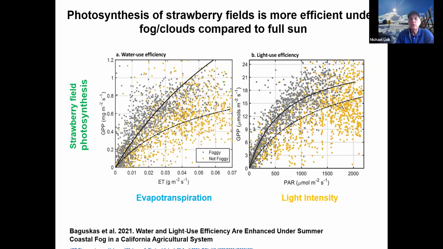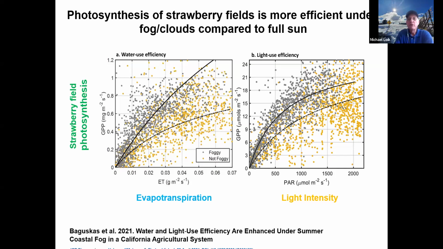And so the carbon dioxide uptake in this strawberry field is actually higher on a cloudy day than on a sunny day. And that might be a little bit backwards to what a lot of people think, which is that, well, on a sunny day, it should be wide open because you have all this light driving photosynthesis. But when you open stomata to take up CO2, you lose water. So plants have this conundrum, this pro and con situation of regulating their water loss in terms of carbon dioxide uptake.